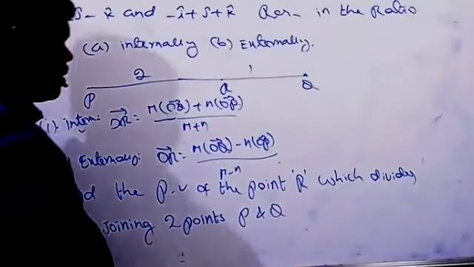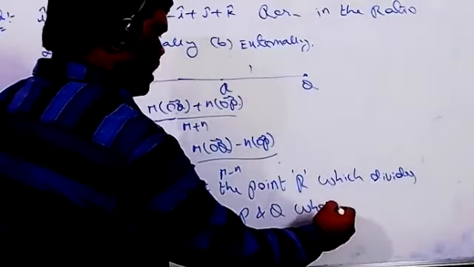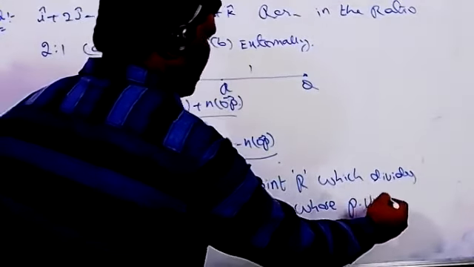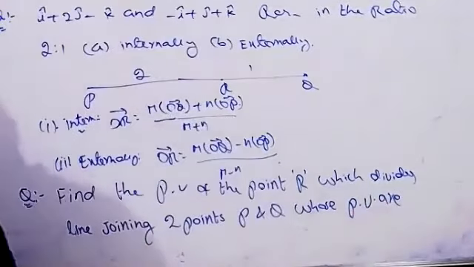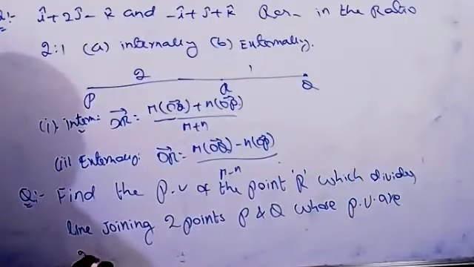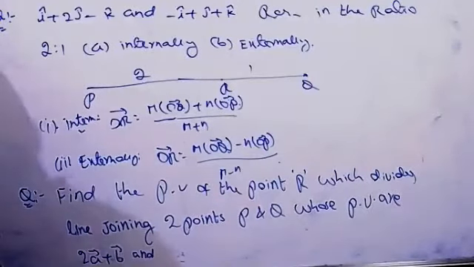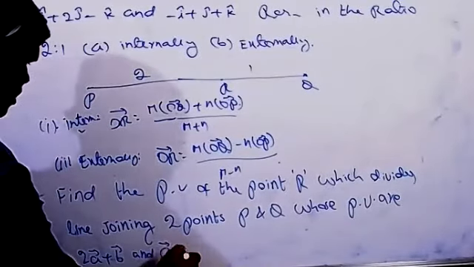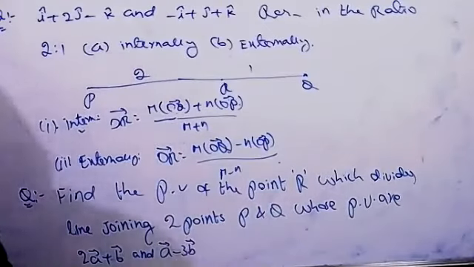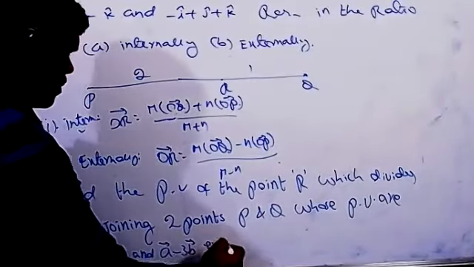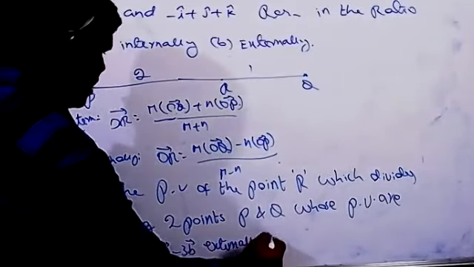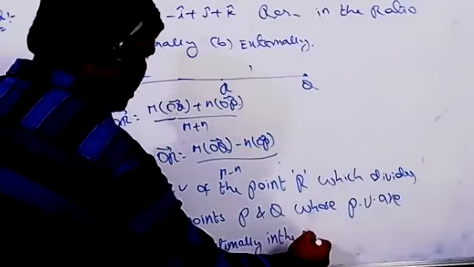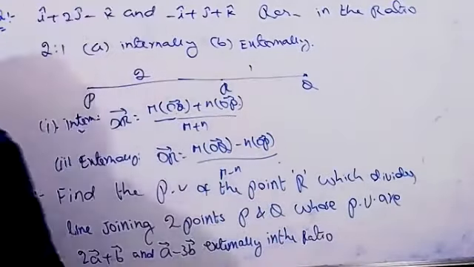whose PVs are, that means parallel vectors. The parallel vectors are the two vectors you can write now, 2a plus b and a minus 3b, externally in the ratio 1 is to 2.